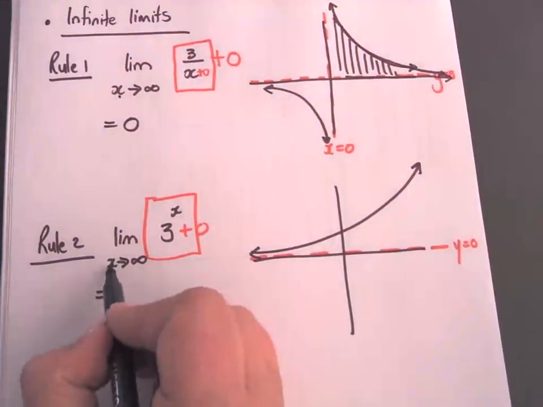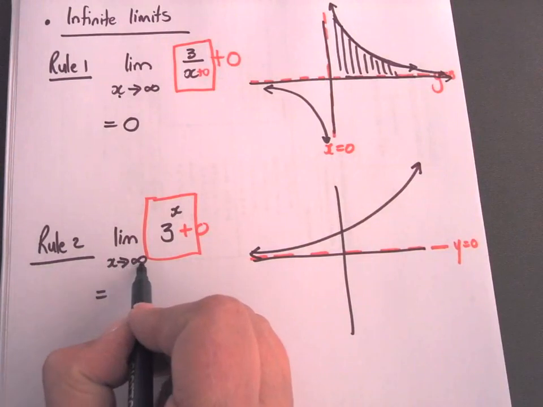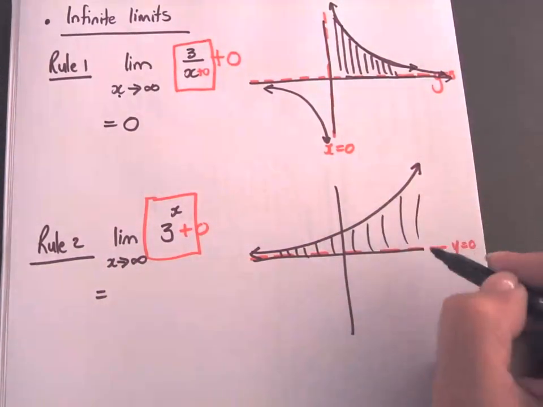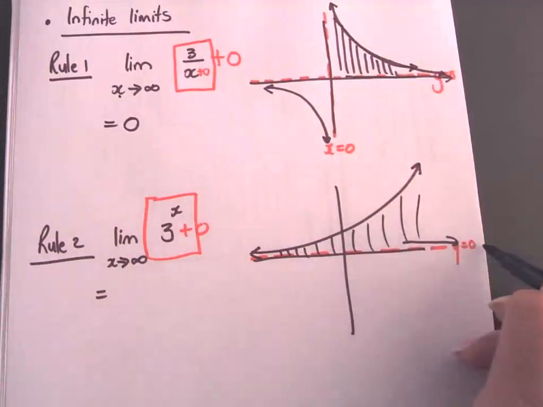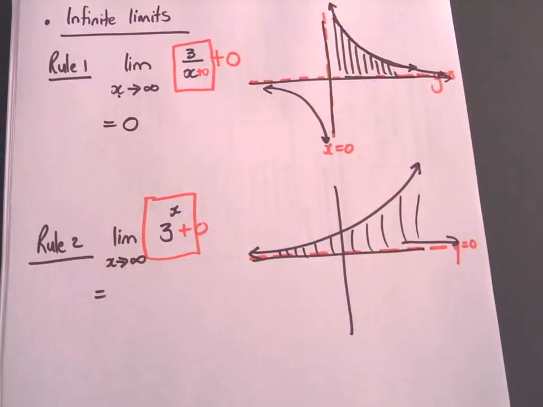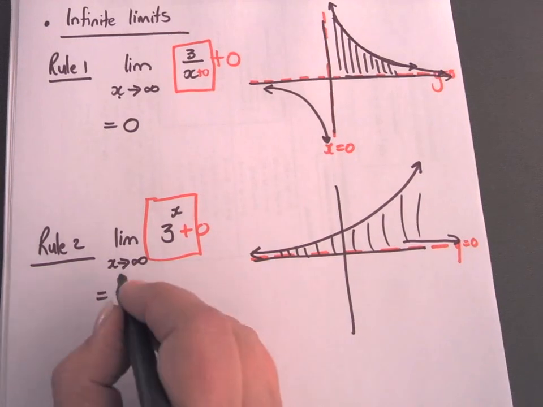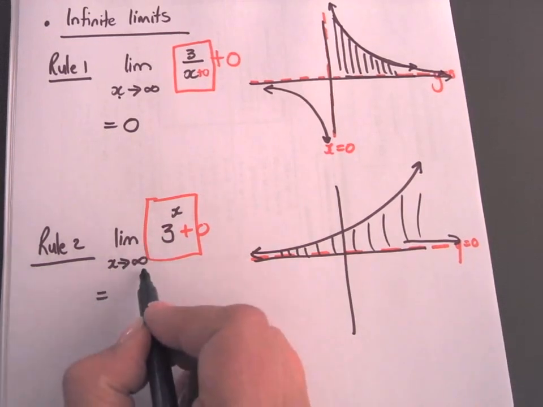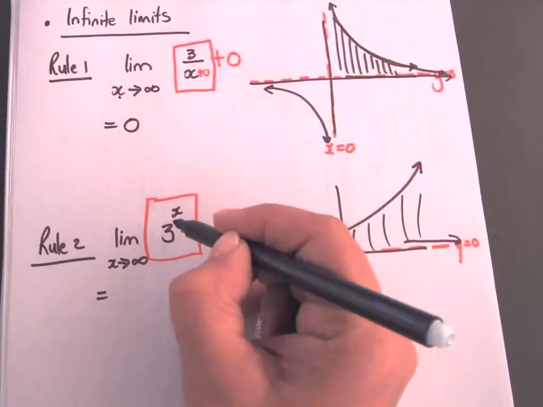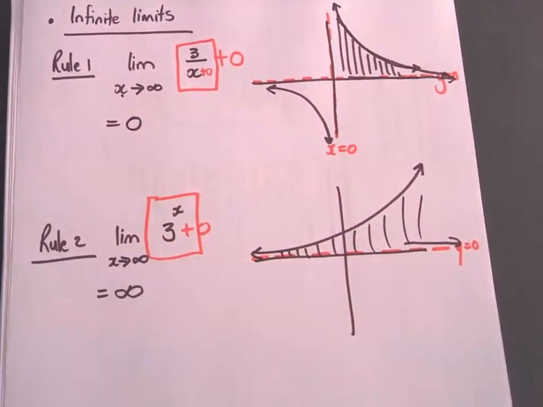If x tends to go to infinity, so here it goes up and up and up, x goes that way into infinity, what will happen to the y value? Where will it stop? So it also goes into infinity. Therefore, if x goes into infinity and you have an exponential kind of function there, your answer will be infinite.